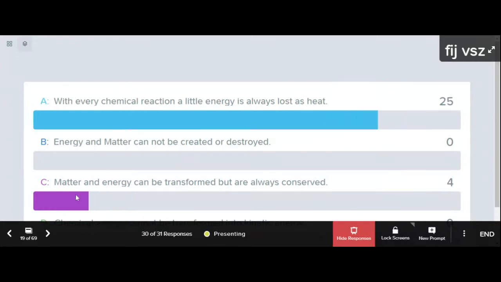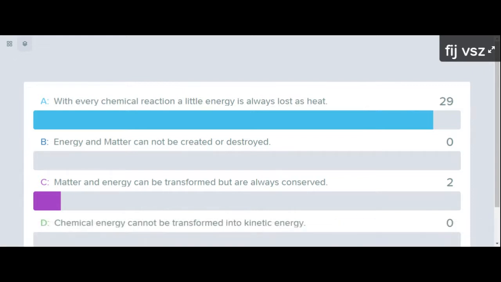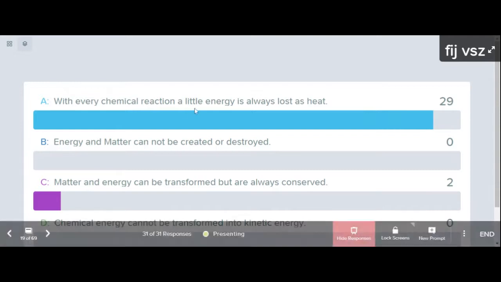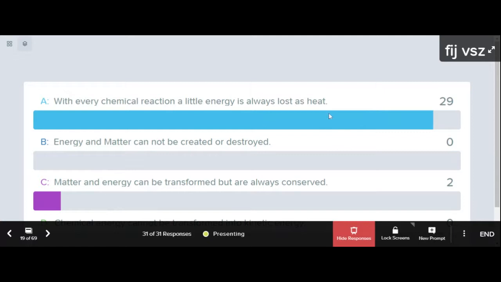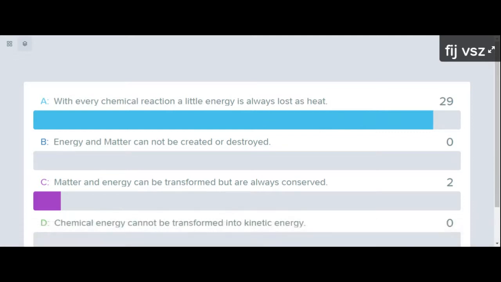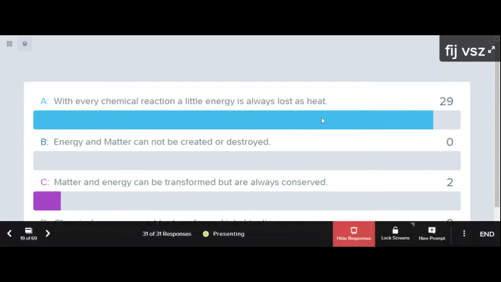So C is the first law. Anything where something's being conserved, or things can be transformed but are always conserved, that's the first law of thermodynamics. The second law talks about how with every energy transfer, there's a little bit of energy lost as heat. And there's also a new word in there called entropy that we're going to talk about next. Okay. A is the right answer here. The second law of thermodynamics says that with every energy transformation, a little energy is always lost as heat.